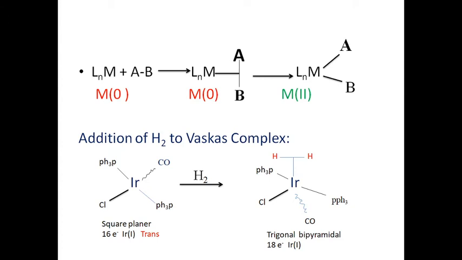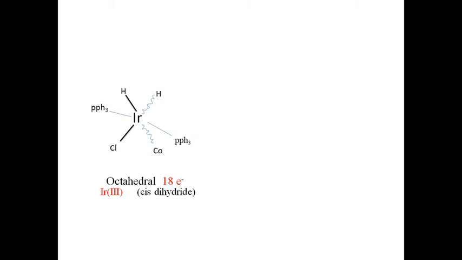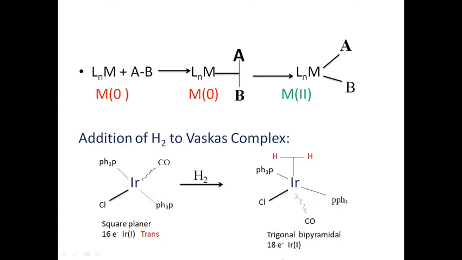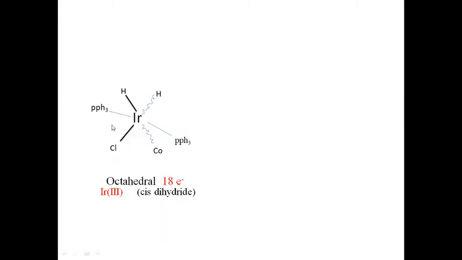Then this complex is broken and two new bonds are formed. Means this bond is broken and two new bonds are formed. Now we can see here this trans bond is cis here.